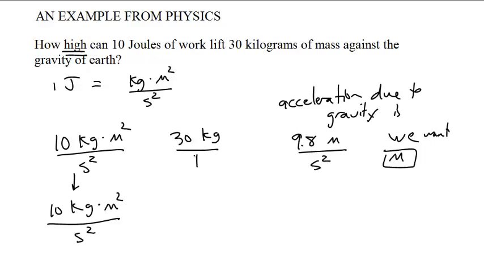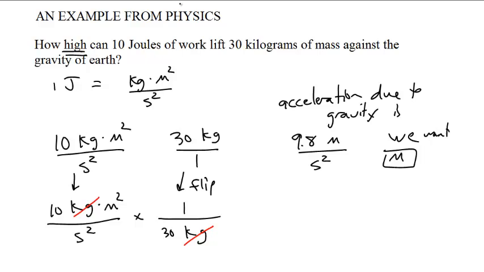Let's say we get rid of the kilograms first. We have kilograms up top, we want to get rid of it. We're going to need to have a kilograms down below. That's going to require flipping this one so it becomes 1 over 30 kilograms. And if it's 1 over 30 kilograms, the kilograms are going to go away.